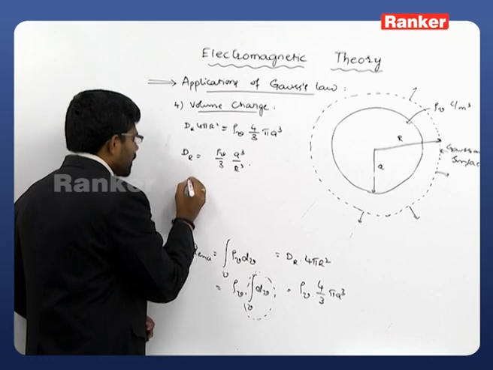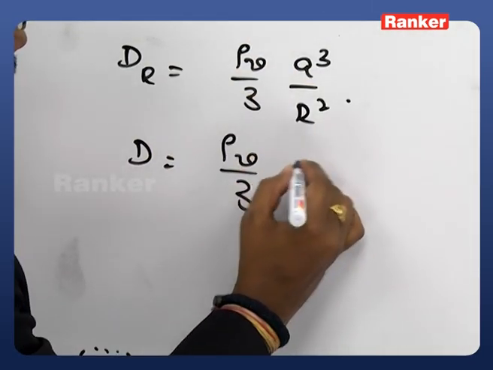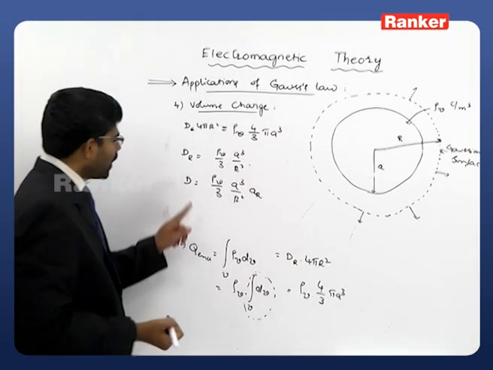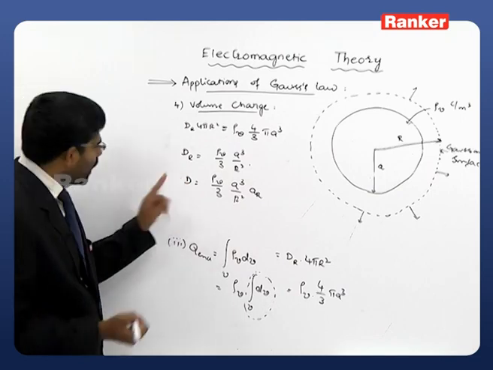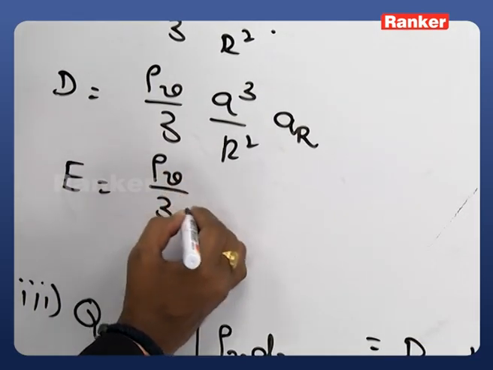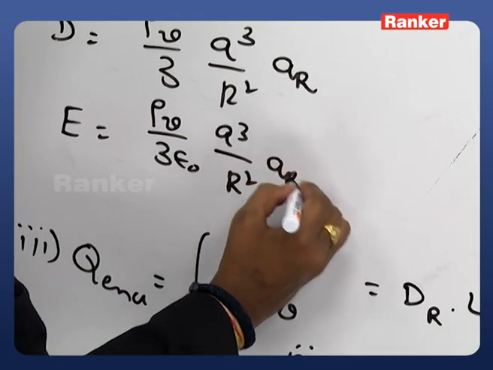So D can be written as D equals, along with its direction, rho_v by 3 a cube by r square, along with its direction a_r. This is the equation of D, and the equation of E can be written as E equals rho_v by 3 epsilon naught, a cube by r square a_r.